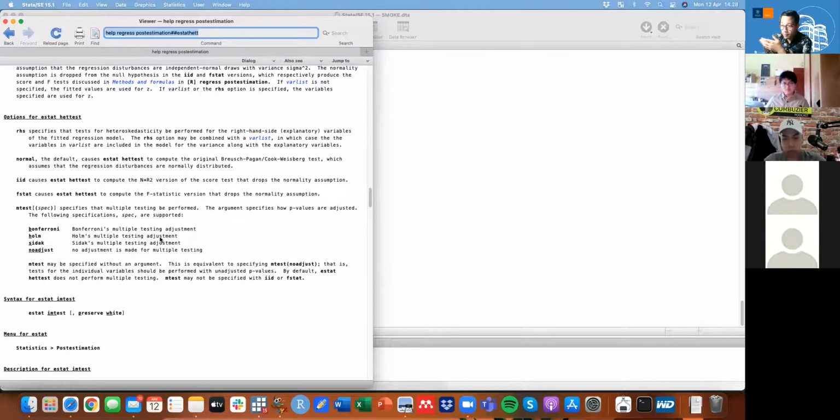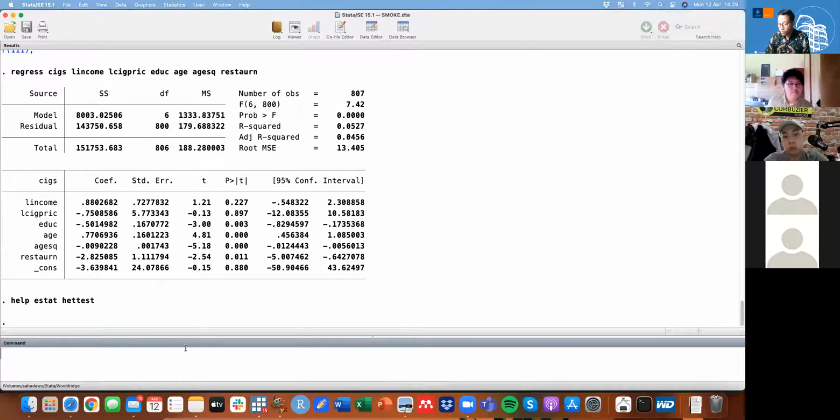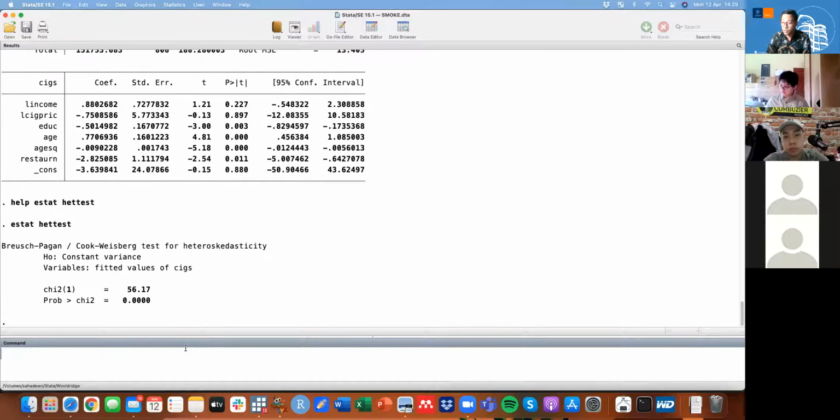There are several options that you can use, but here this is just the Breusch-Pagan Cook-Weisberg test. So what I'm going to do is just estat hettest. You can use estat hettest or whatever you'd like.